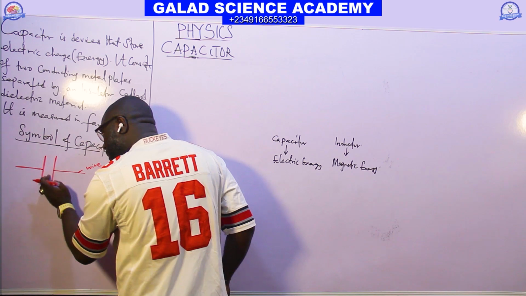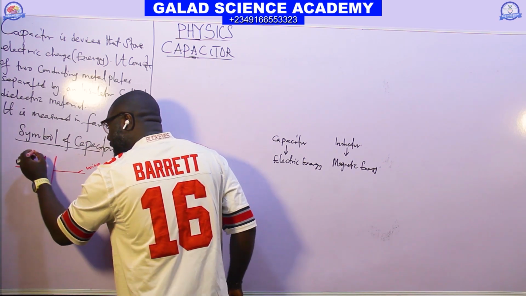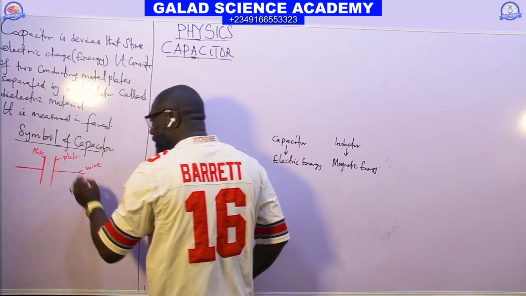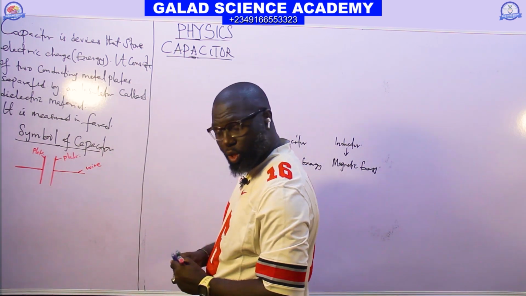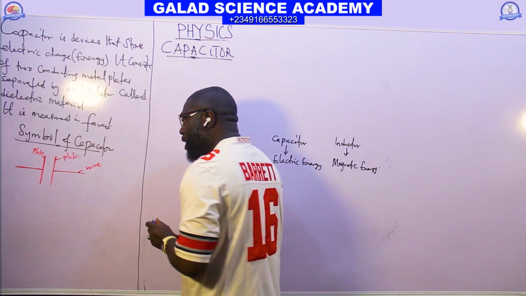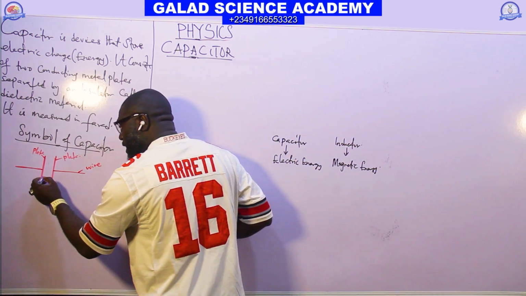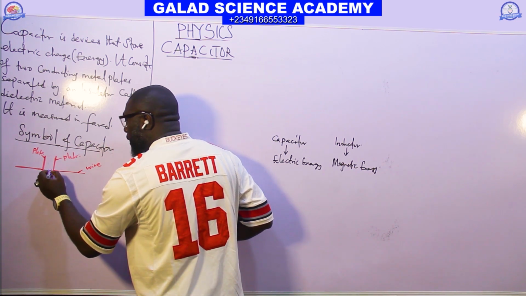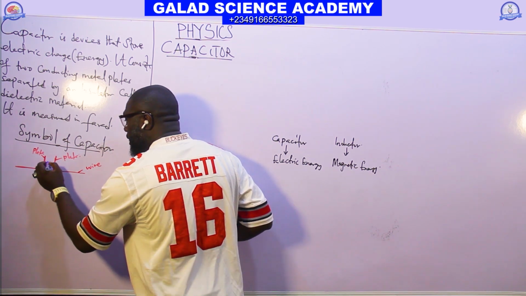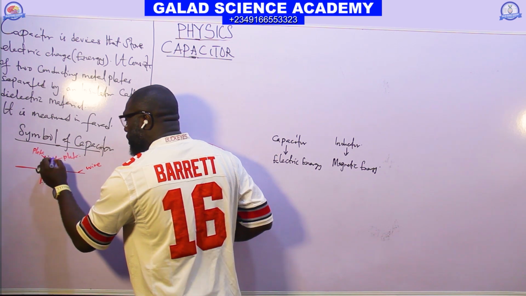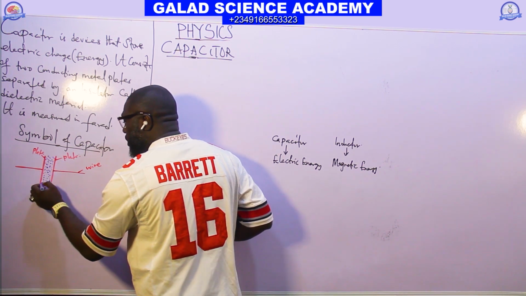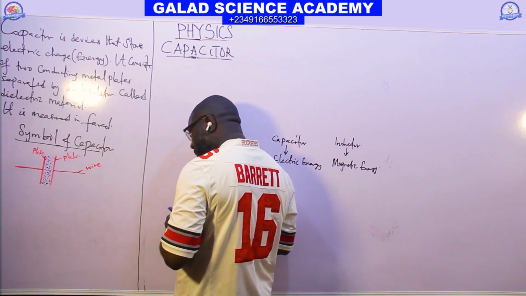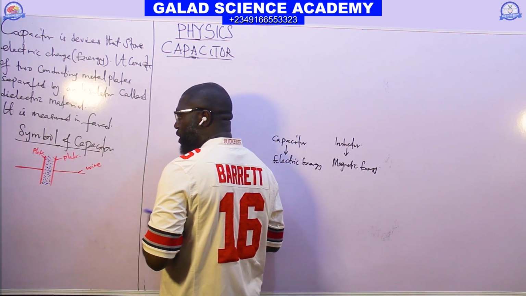The space between the two plates, this is one plate, this is the second plate, and the space between the plates we call the insulator.